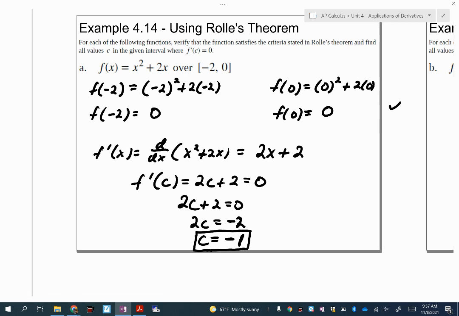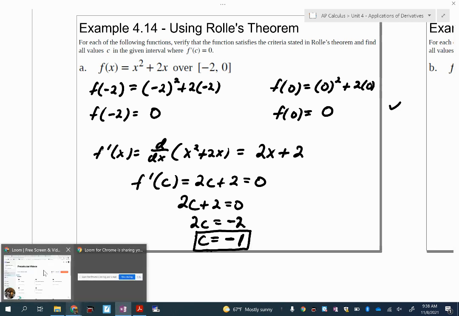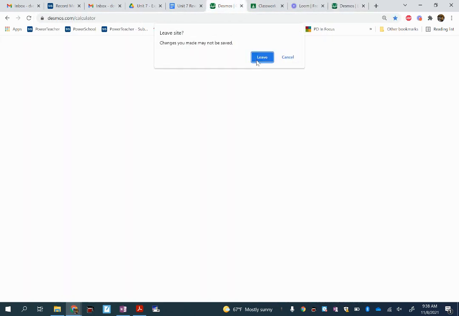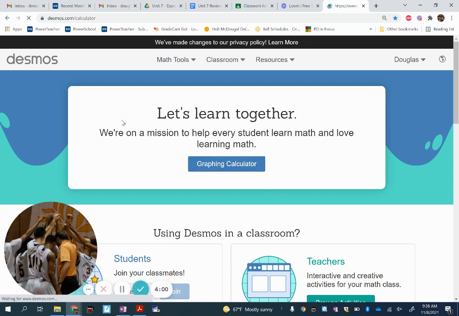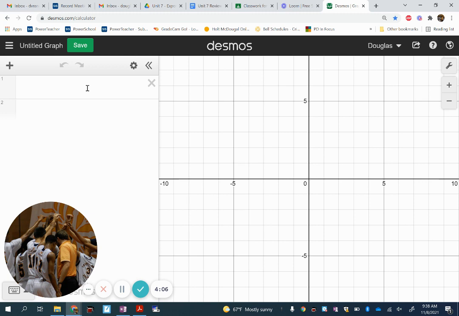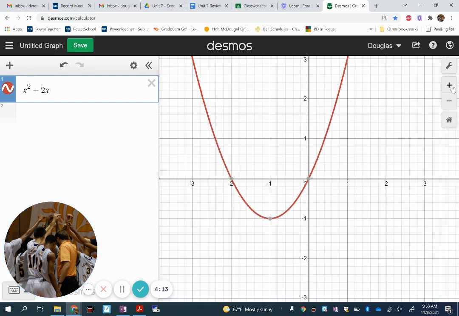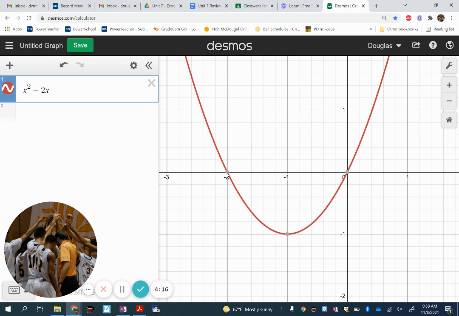So let me show you graphically what we just did with minimal calculus, mostly algebra. So I'm going to plot x squared plus 2x, and we're looking at the interval between -2 and 0. We plugged in -2, we plugged in 0 to the function, and we got 0.